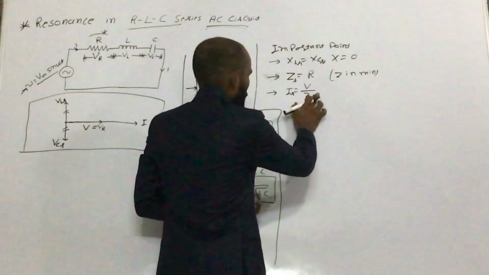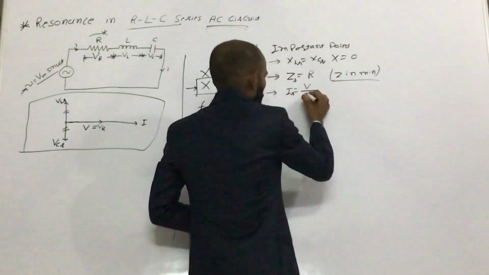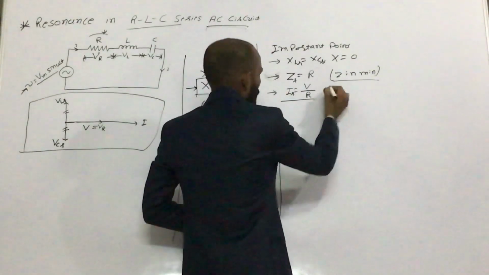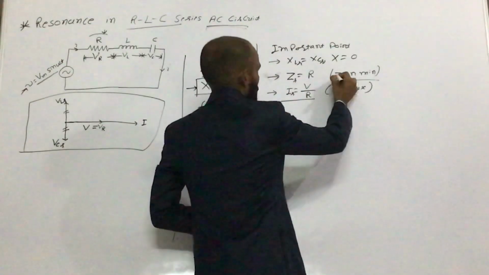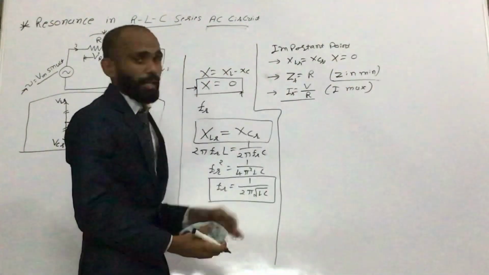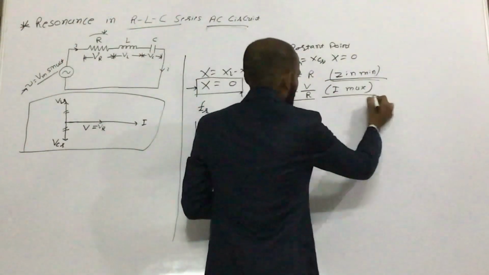Now at resonance, the impedance of the circuit is minimum, Z is equal to R, so this value of current is maximum. So in resonance in an RLC series circuit, impedance is minimum and current is maximum.